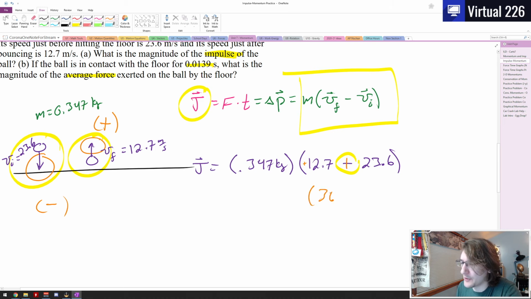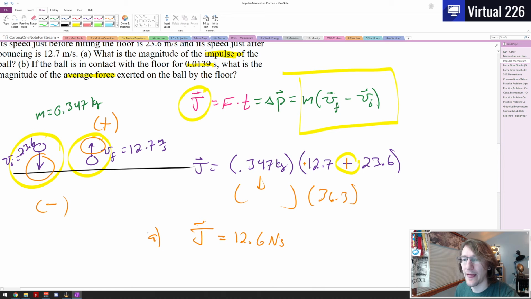And then we multiply that by the mass, which is 0.347. That gives us an impulse of, let's just round, 12.6 newton seconds. That's an impulse unit, or momentum unit, newton seconds. So that is part A.